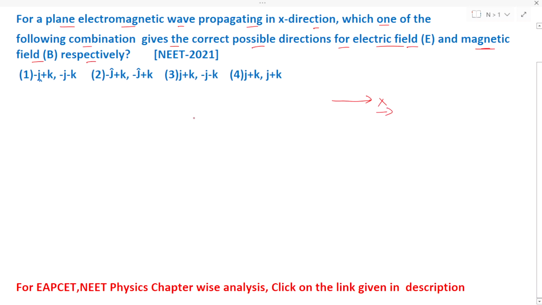According to the properties of electromagnetic waves, we know that the direction of vibration of E bar and the direction of vibration of B bar will be perpendicular, and E bar and B bar will be perpendicular to the direction of propagation.